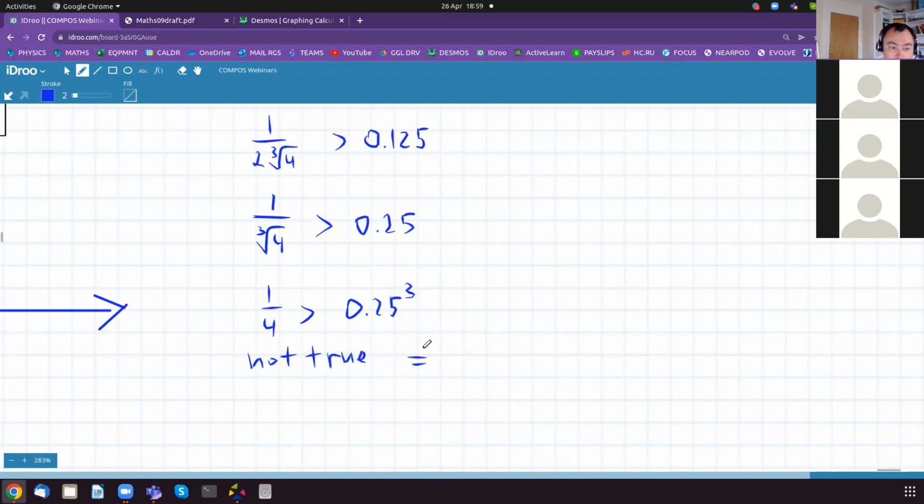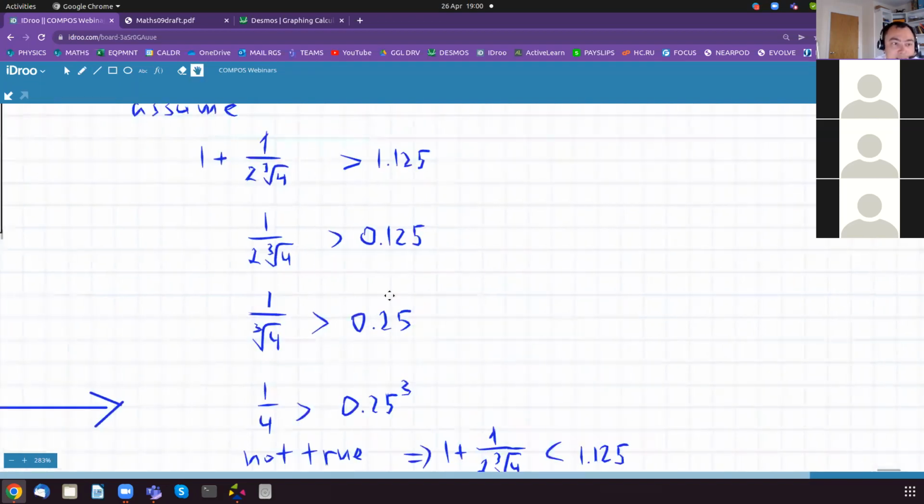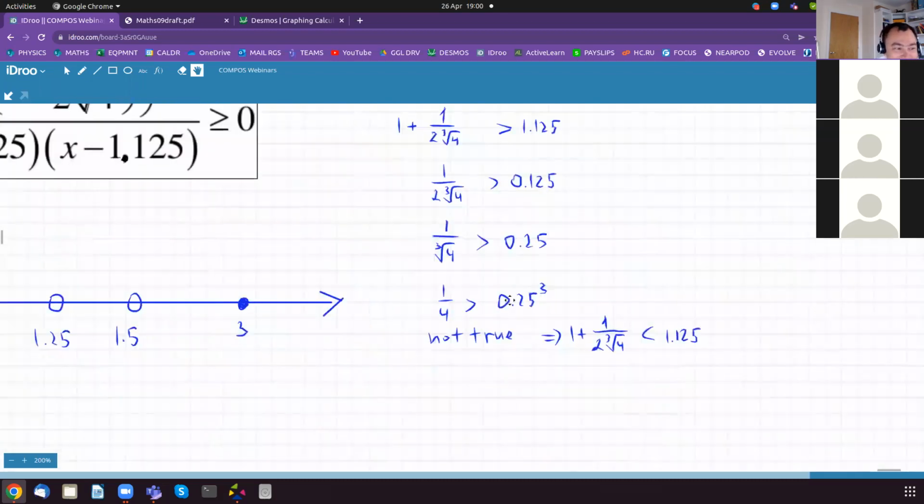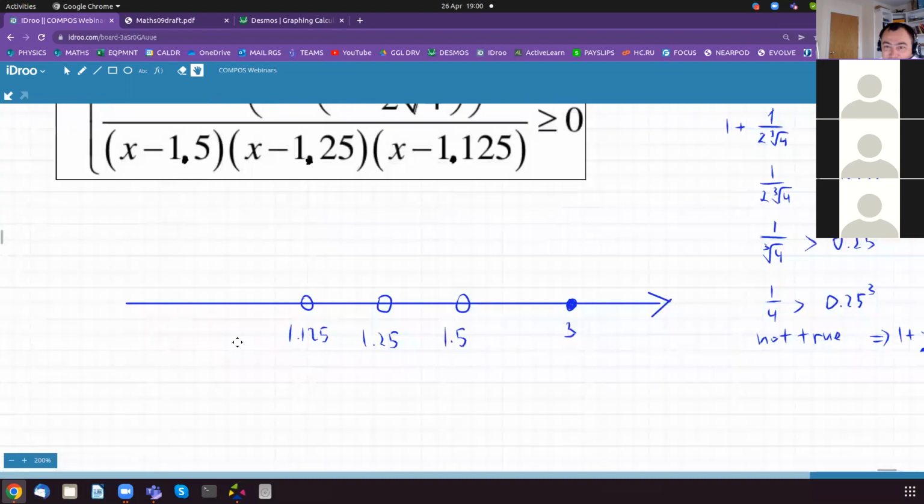If it's not true, therefore, 1 plus 1 over 2 cube root of 4 is in fact less than 1.125. Oh, that's success, because I don't have to check anything else. That was a good method.